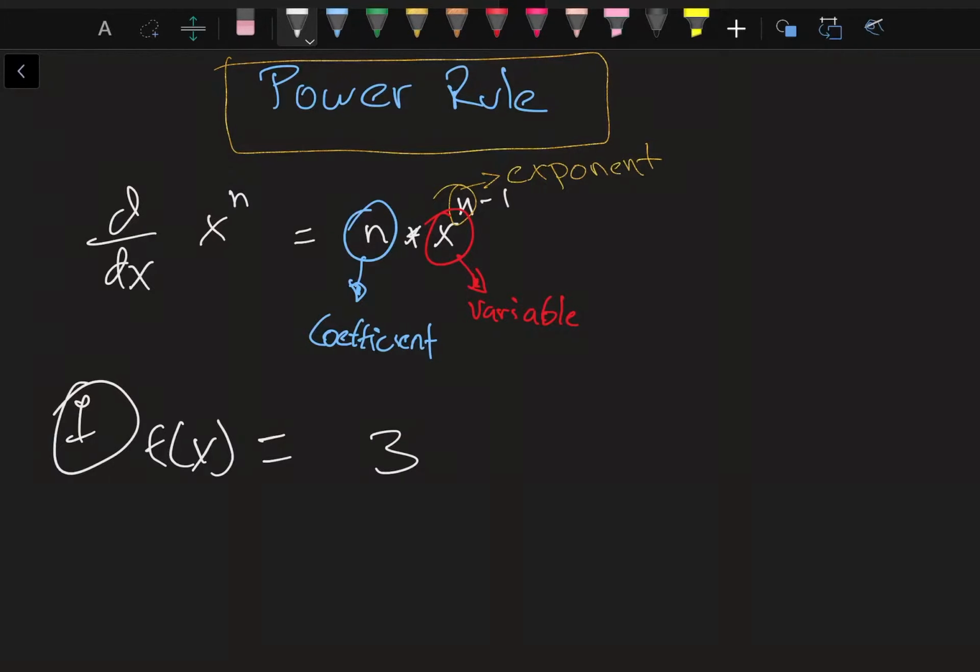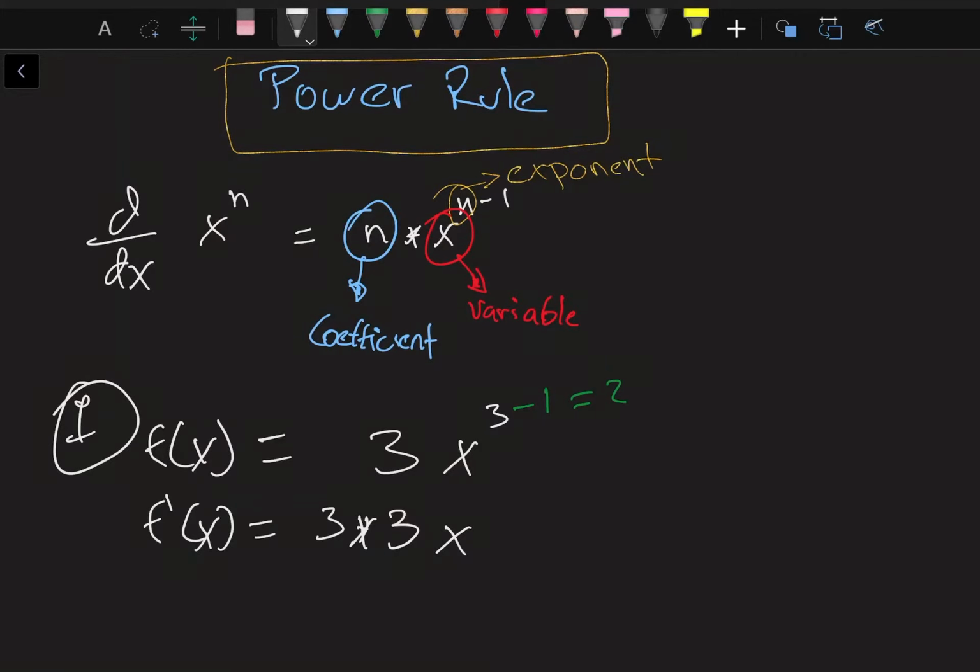So f of x is equal to 3x cubed. So f of x prime is equal to, just like the power rule says, we first multiply the exponent times the coefficient, which is 3, and then reduce the exponent by 1, which is 3 minus 1 is equal to 2.